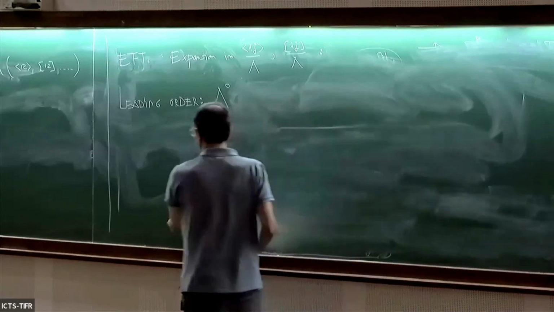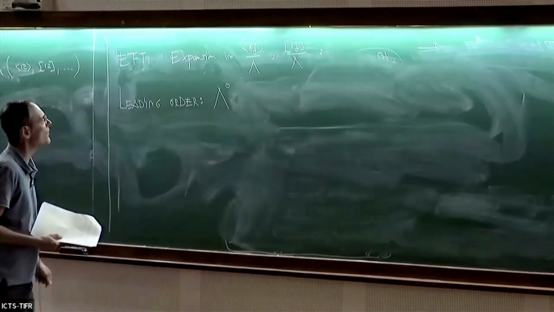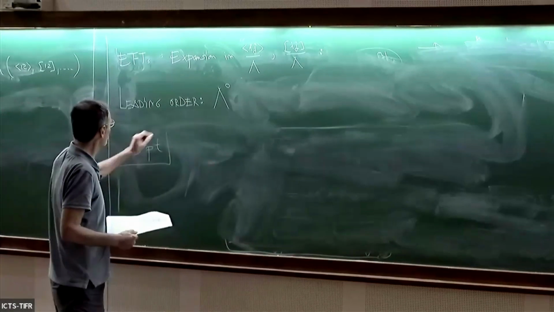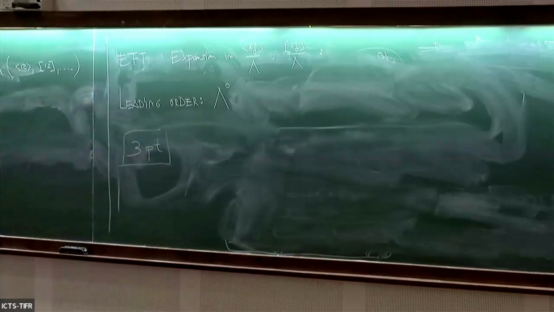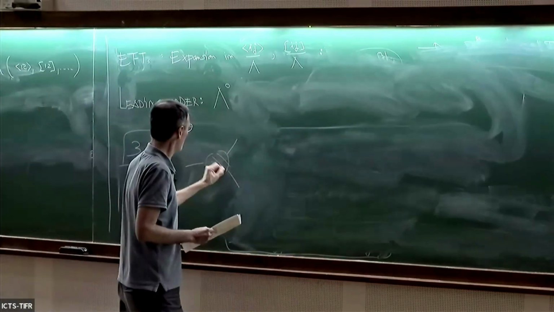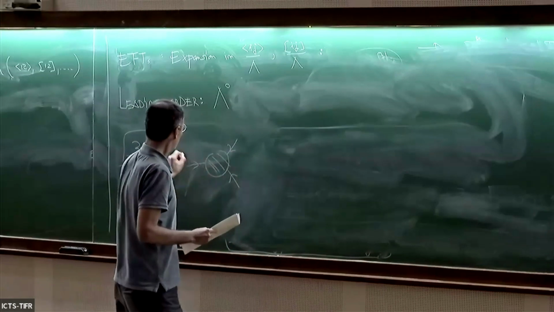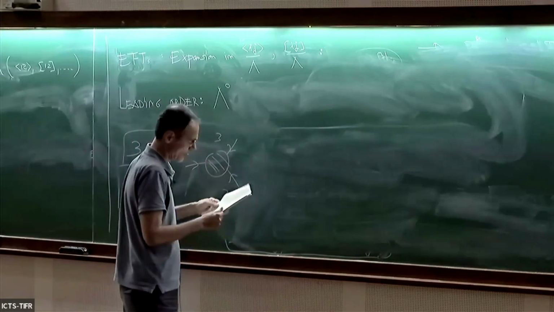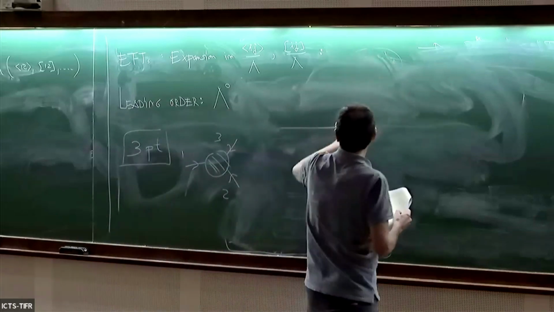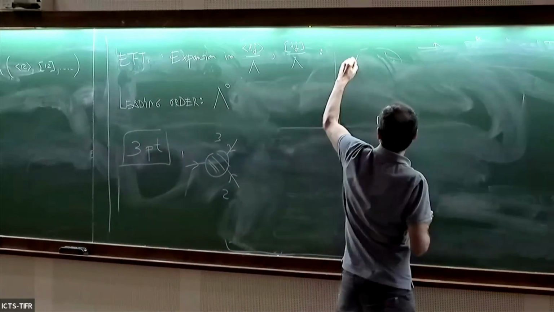These are the dimension 4 or less operators. And we start with the 3-point, the lowest point amplitude. I'm going to label the particles 1, 2, 3. And we are aiming for the first interaction, which would be the Yukawa interaction.